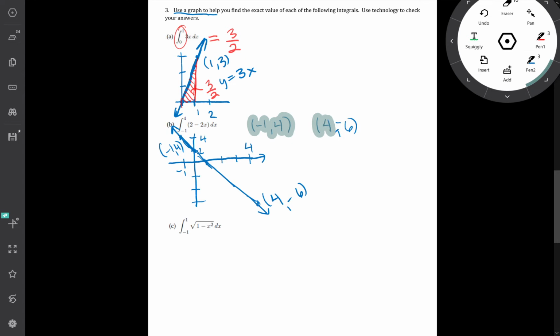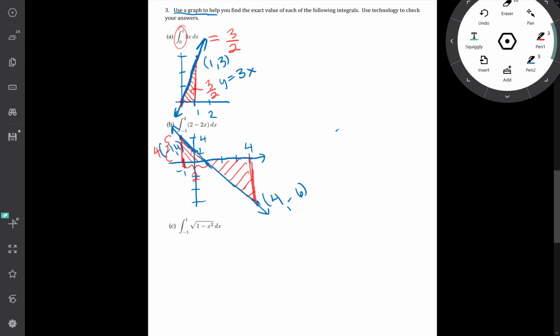I am interested in the area that I'm catching between x equals -1 and x equals 4. So I'm catching a triangle here and a bigger triangle here. This first triangle has a base of 2. It goes from -1 to 1, and it has a height of 4.